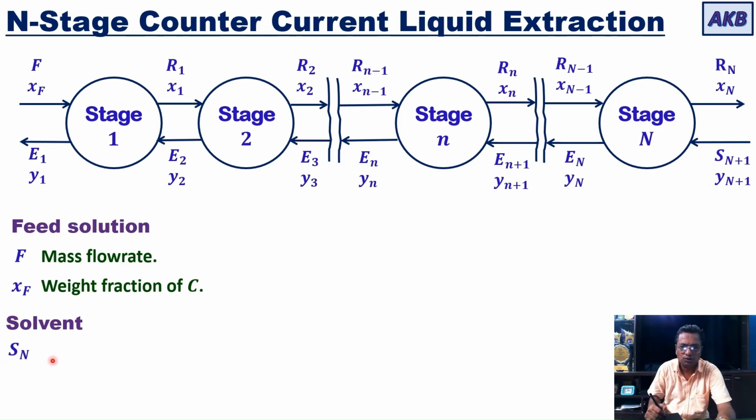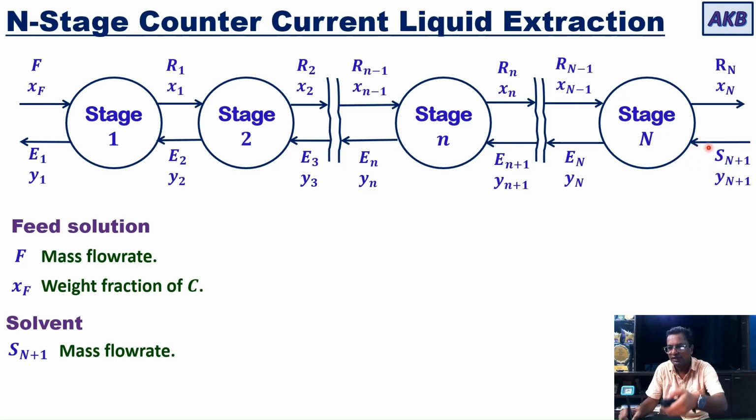Then for solvent you have S N plus 1, which is the mass flow rate, the rate at which solvent is entering the last stage. Since it is coming from a stage which is next to the last stage, that is capital N stage, I have denoted it as solvent that is coming from N plus 1 stage. So the notation tells you from where the solvent is coming.